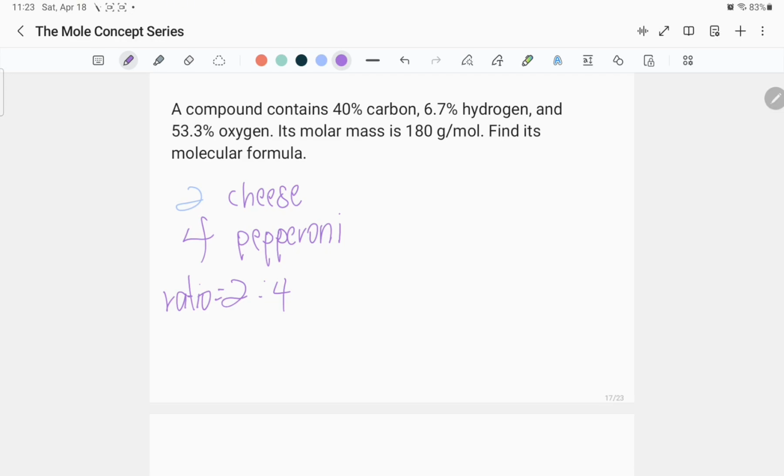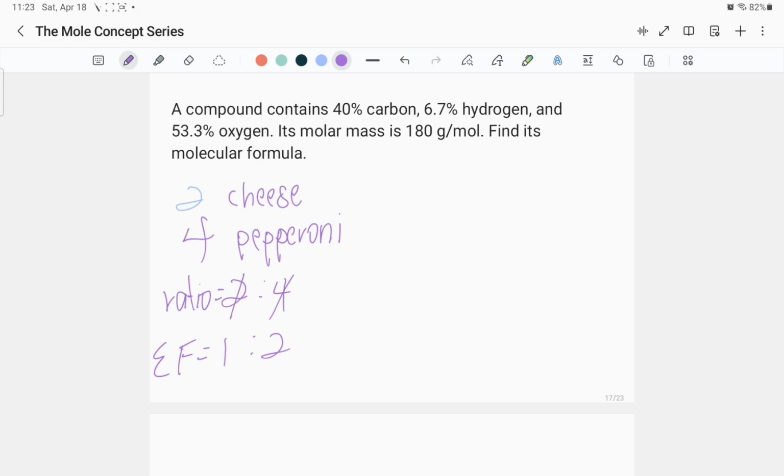And to find the empirical formula of this we basically find it in its simplest form. To break down the ratio, it will basically be 1 to 2. So that's going to be your empirical formula, which we abbreviate as EF. And your molecular formula is basically the multiple of that empirical formula.